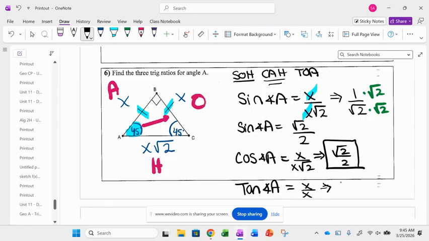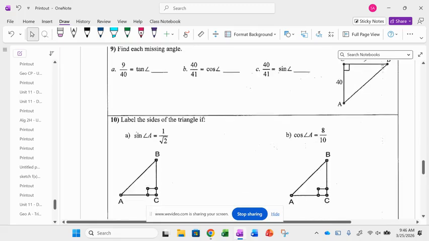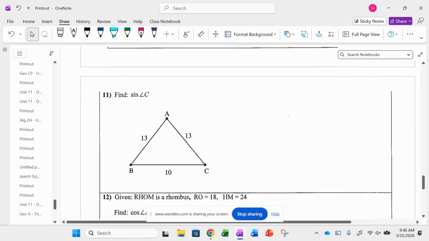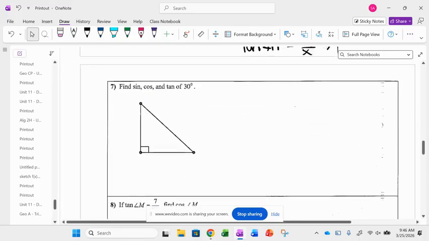Any number divided by itself is 1. So the tangent of angle A is 1. Yes. Yep. Let's keep going.